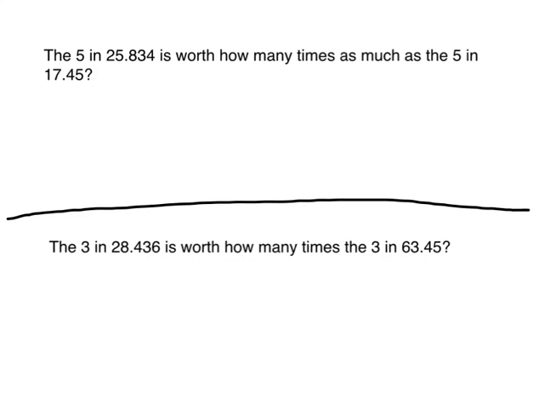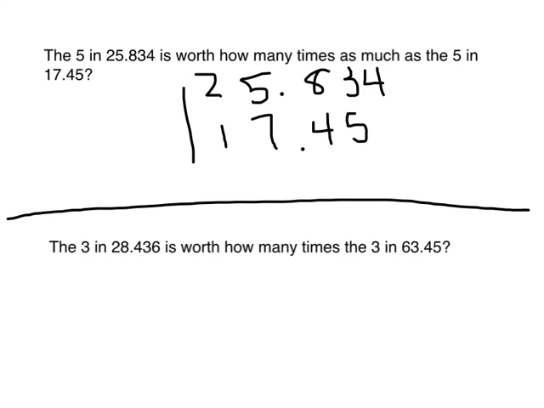First, the 5 in 25 and 834 thousandths is worth how many times as much as the 5 in 17 and 45 hundredths? Well, first I need to line my numbers up. 25 and 834 thousandths, 17 and 45 hundredths.